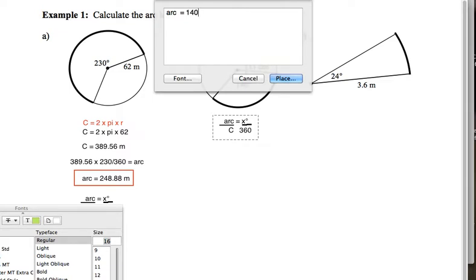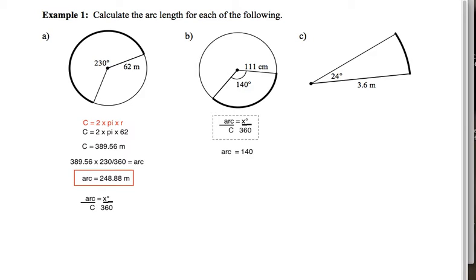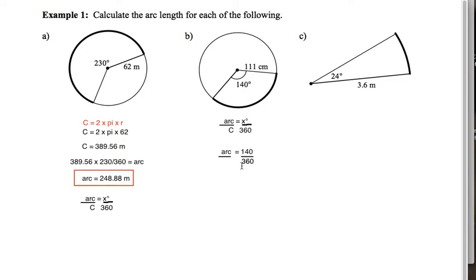That's the top part of my equation here. Arc over circumference equals 140 over 360. I know the number I can put in here right away is going to be 360. That's not a problem. So these are the things that I know. I know x is 140, and I know 360 is 360.